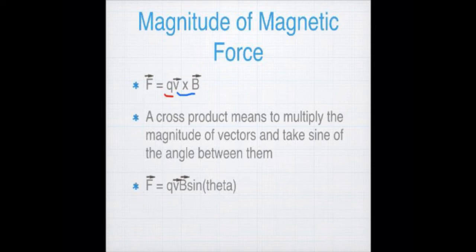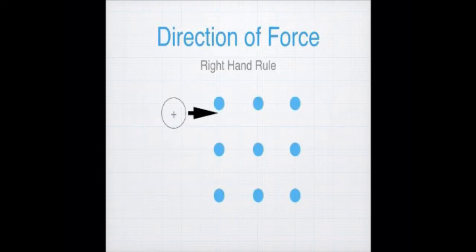When I say cross product, basically all you do is multiply the two magnitudes together, and then take the sine of the angle between them. Now, this tells you how much force there is, but I want to look at the direction of force.